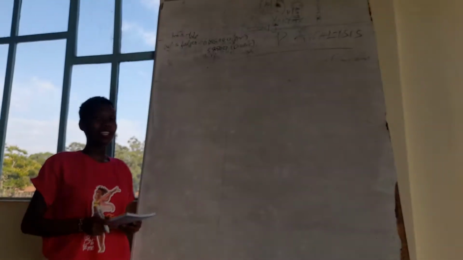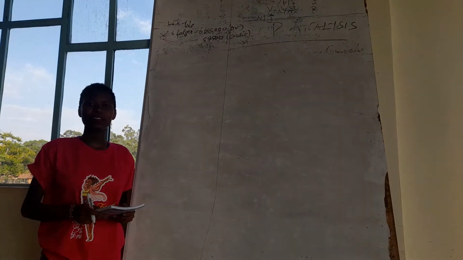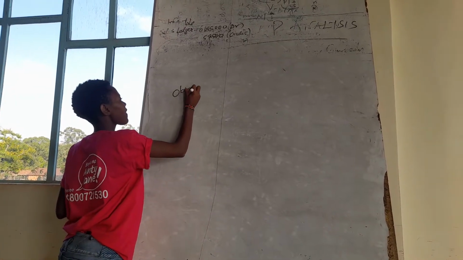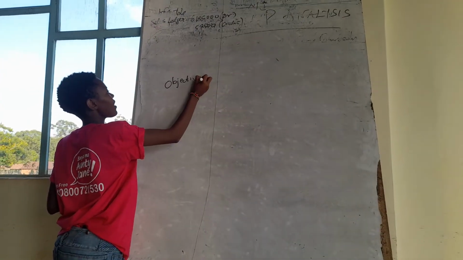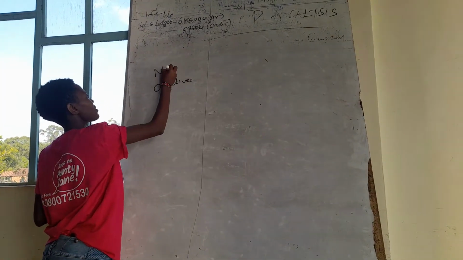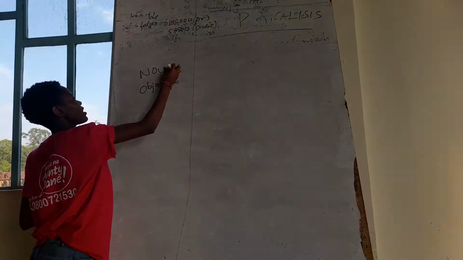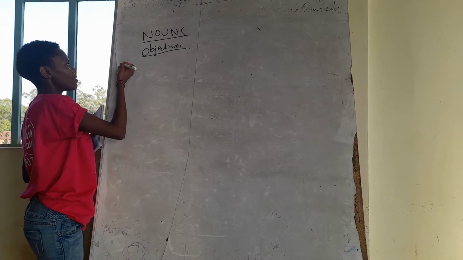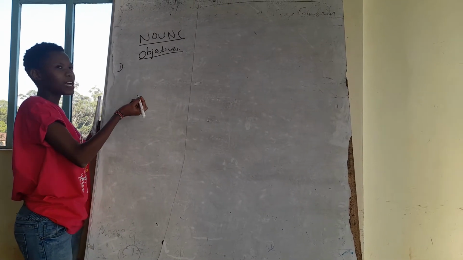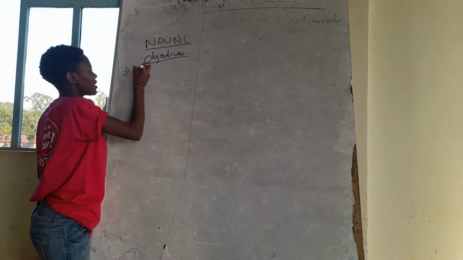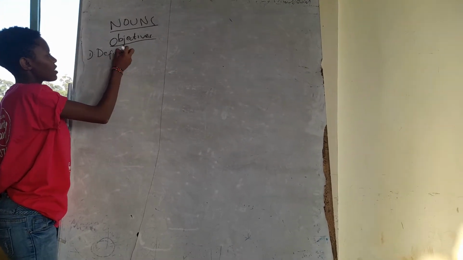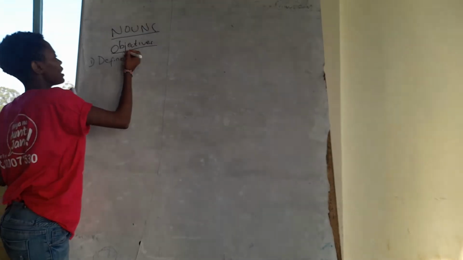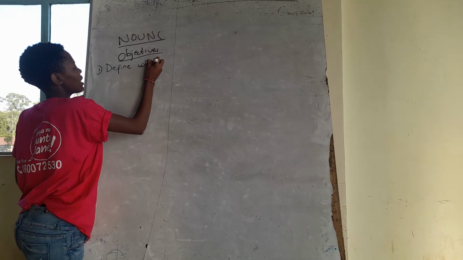Before we begin our lesson, we have our lesson objectives. Number one, by the end of this lesson, you should be able to define what a noun is.